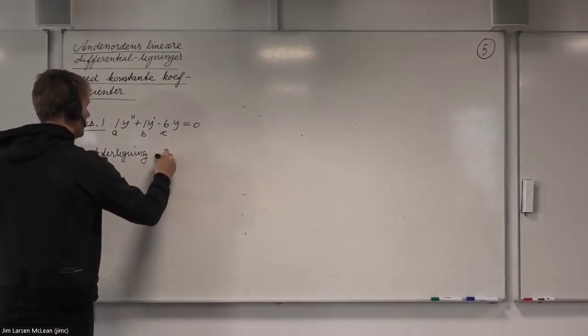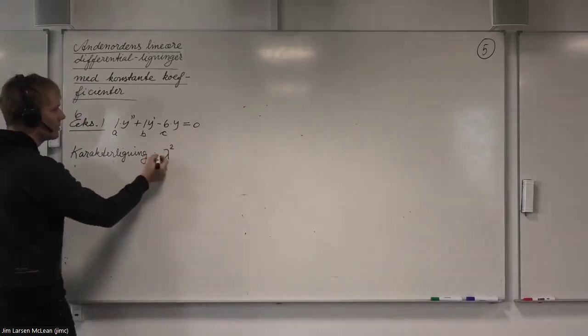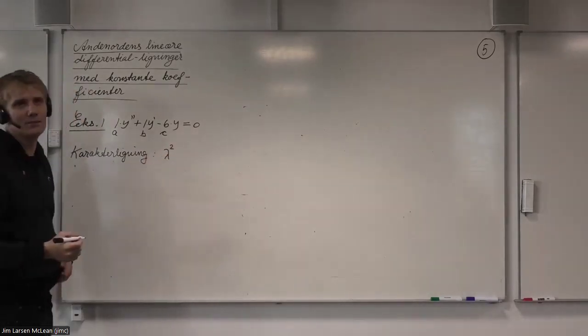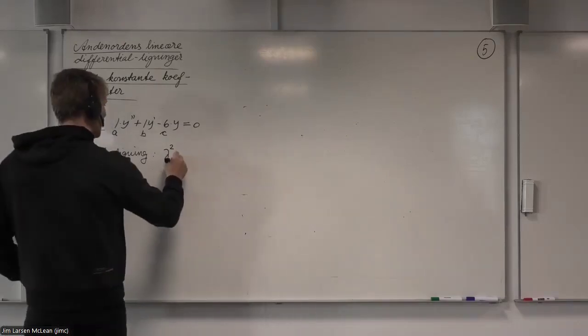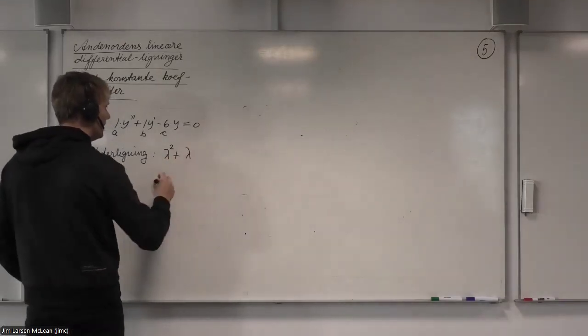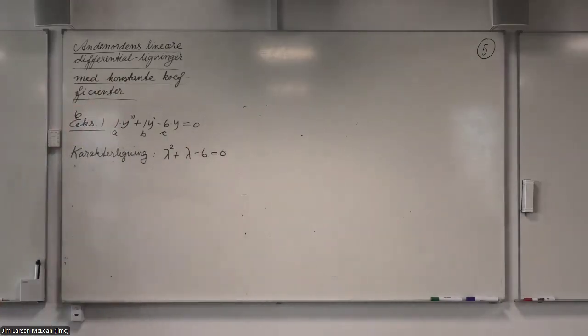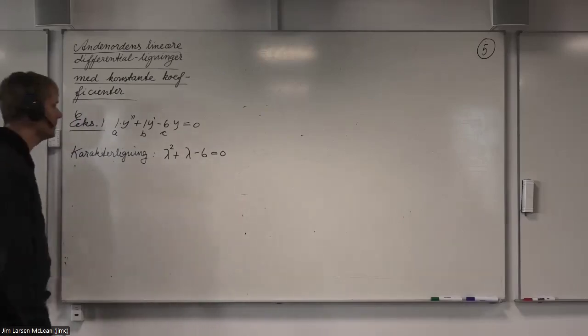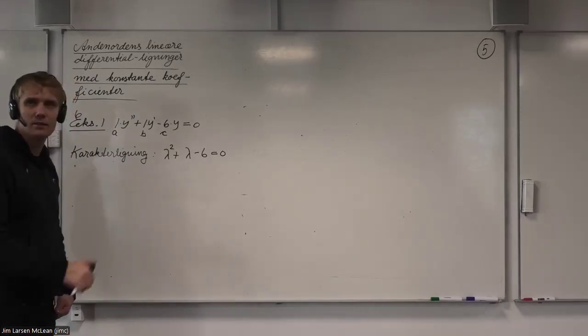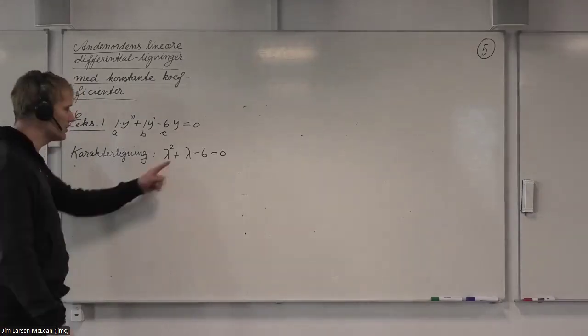Lambda squared. And it should really say 1 times lambda squared, but I don't want to write that out. Plus 1 times lambda, which is just lambda, minus 6 equals 0. Here is the characteristic equation for the differential equation. And then I just solve it.